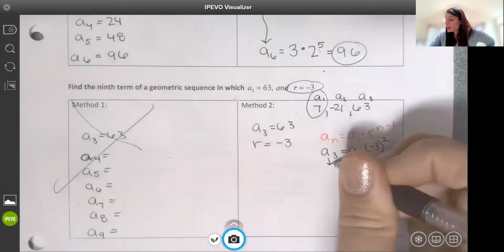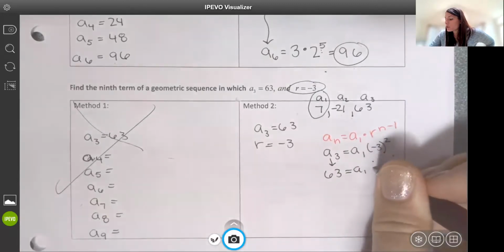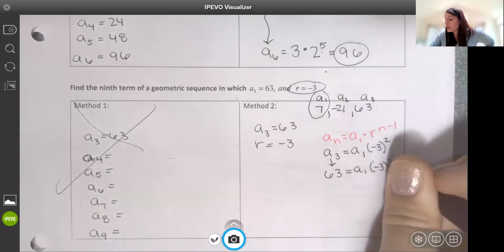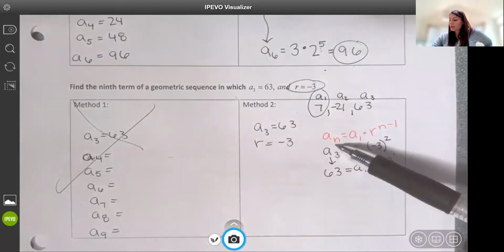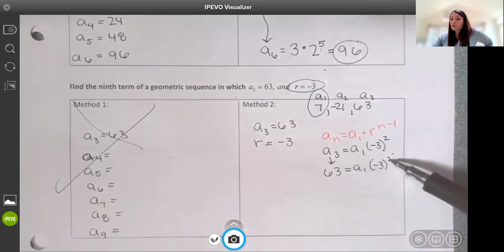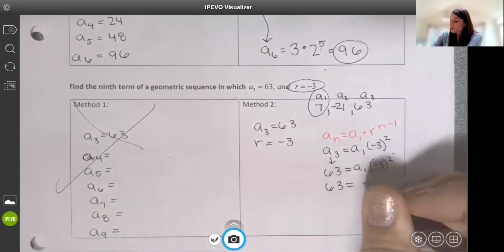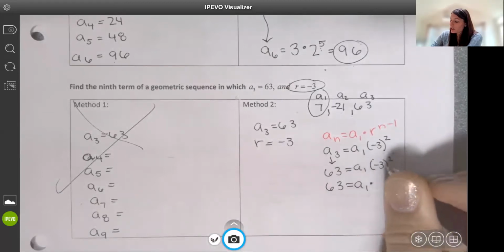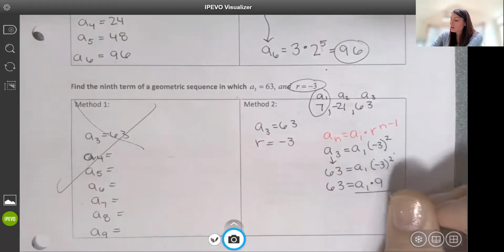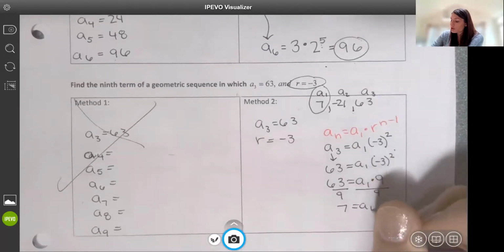I know that a sub 3 is 63. So another way that I could have found my 1st term is to plug in the 3rd term and my ratio to the 3 minus 1 power. So 63 equals a sub 1 times -3 squared, which is 9. I divide by 9, and I get 7 for my 1st term.